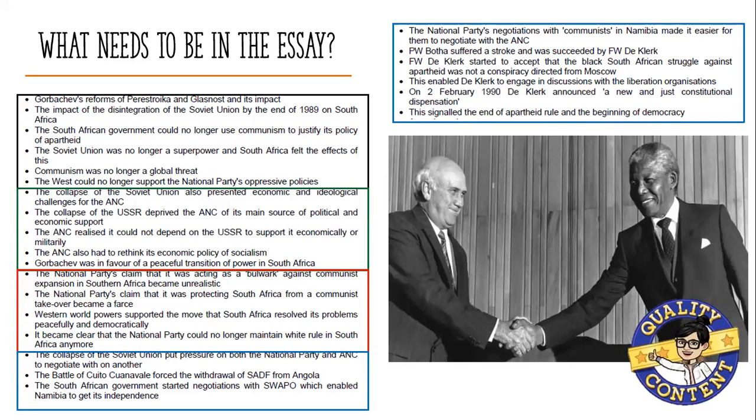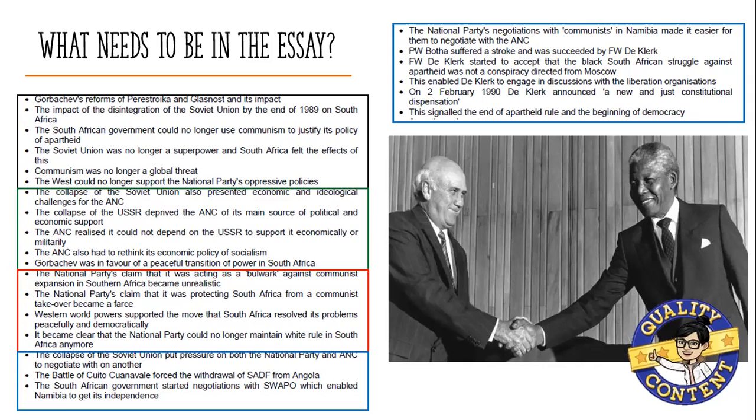And the Battle of Cuito Cuanavale, I'm not sure how to say that, forced the withdrawal of the South African Defence Force from Angola. So it was kind of a stalemate between the South African Defence Force and the Angolan Liberation Movement, as well as the ANC and Umkhonto weSizwe.